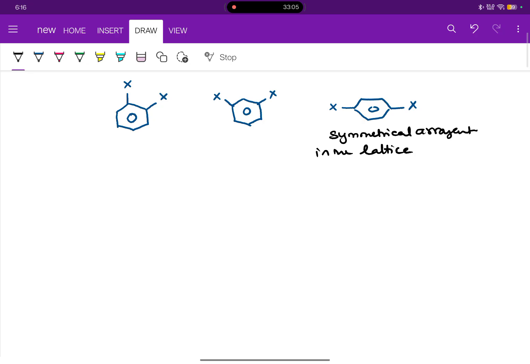This symmetrical arrangement makes it a very strong arrangement, so you have to apply a very high amount of heat to melt it. Most probably the boiling point will be more; the melting point will not be that much, but the boiling point will be more. You can refer to the textbook for that. The reason is the symmetrical arrangement of this particular molecule in the lattice.